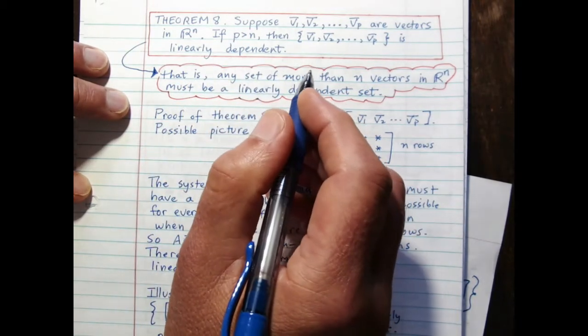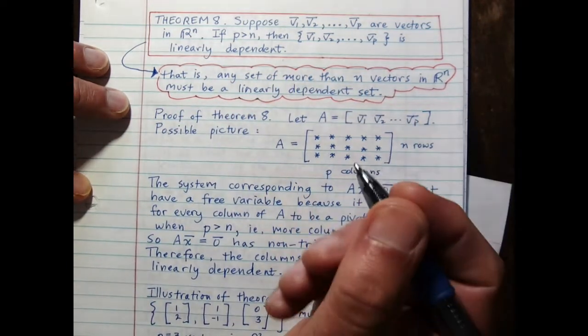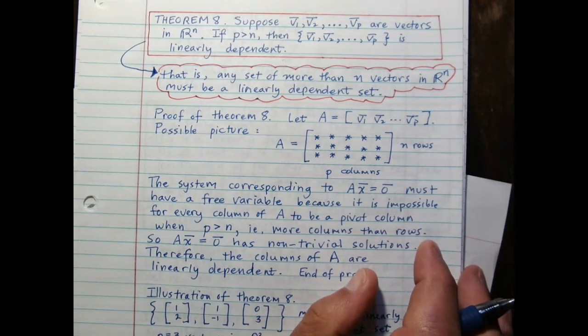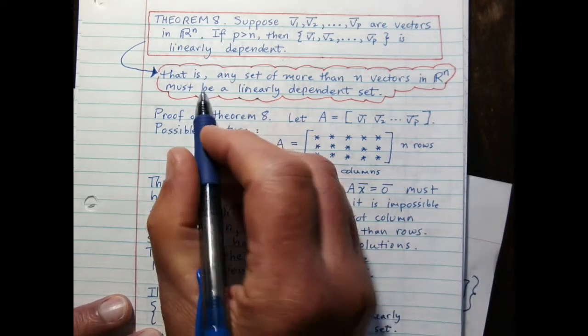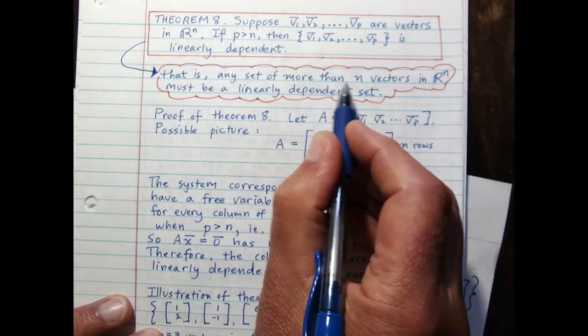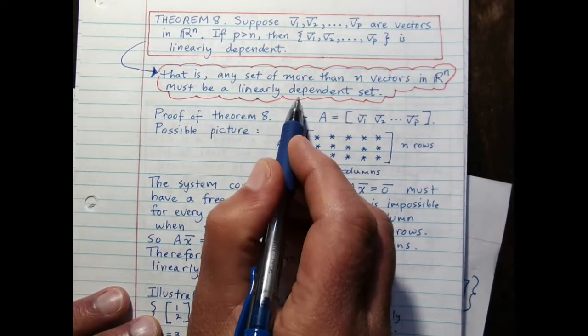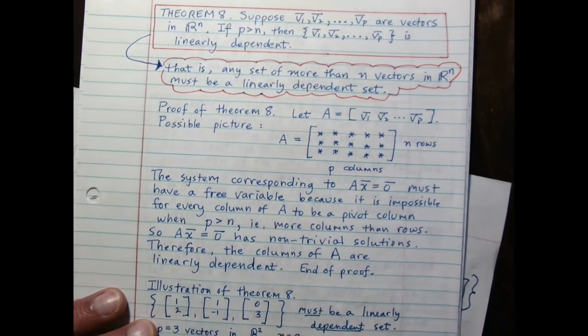So if you have 3 vectors in R2, if you have 4 vectors in R3, if you have 5 vectors in R4, such a set is always a dependent set of vectors. So any set of more than n vectors in Rn must be a linearly dependent set. This statement's crucial for us.